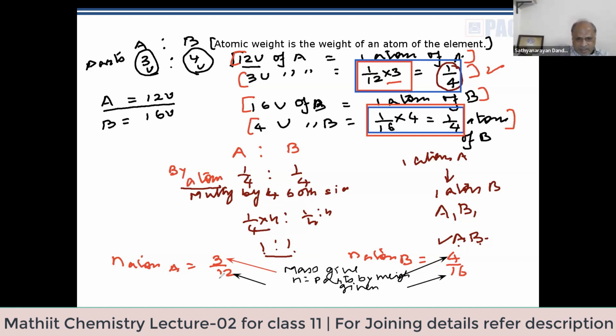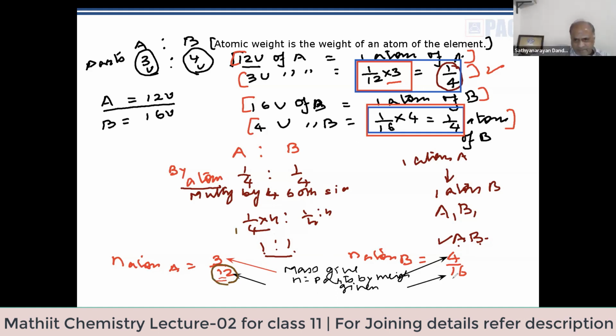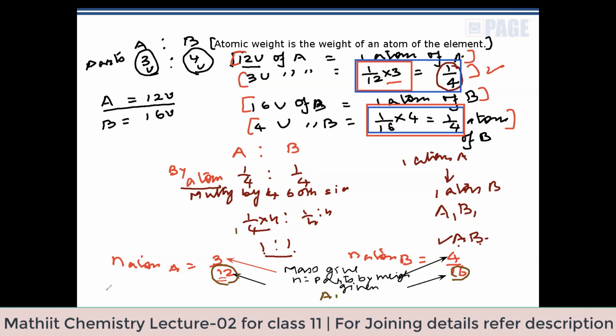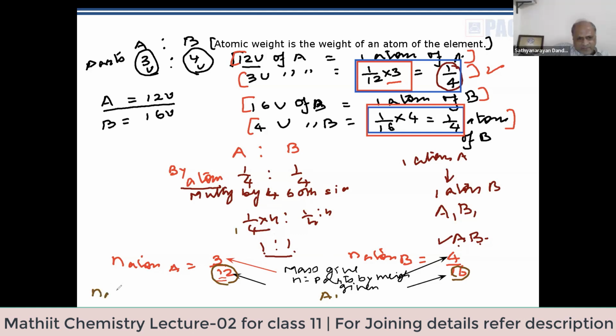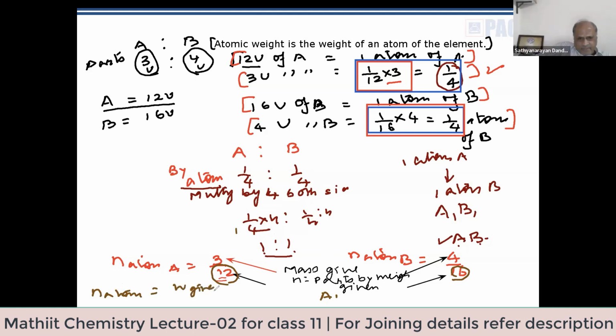Now what is this? Atomic mass? Yes, sir. Atomic mass and atomic mass. So can I say number of atoms is equal to weight given divided by atomic mass?